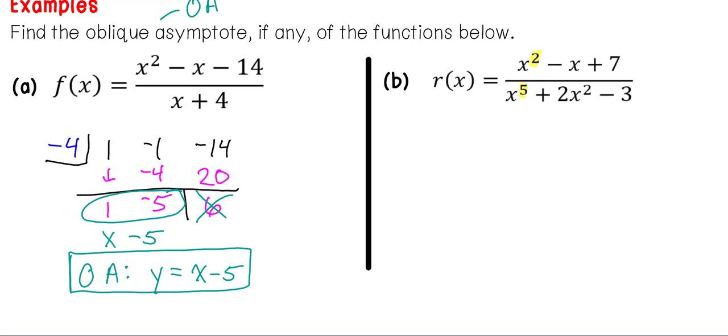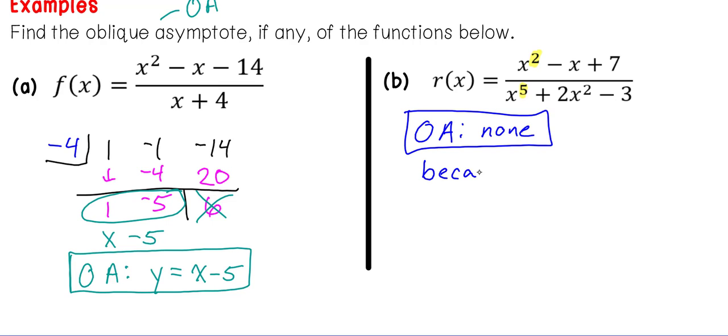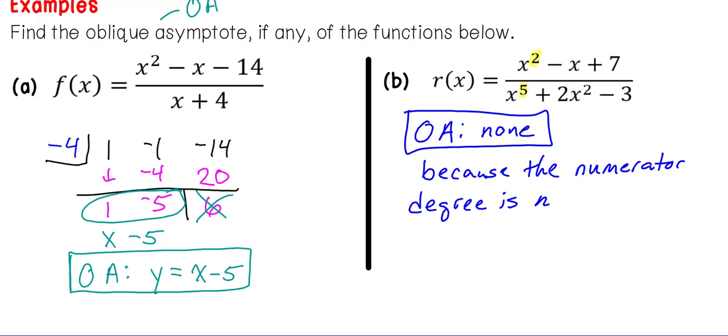So there is no oblique asymptote here, because the numerator degree is not higher than the denominator degree.